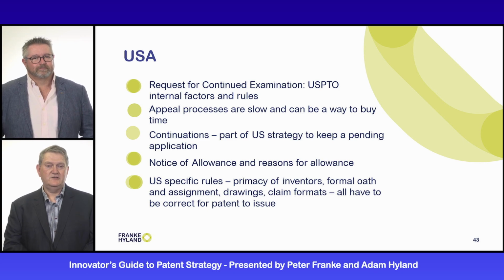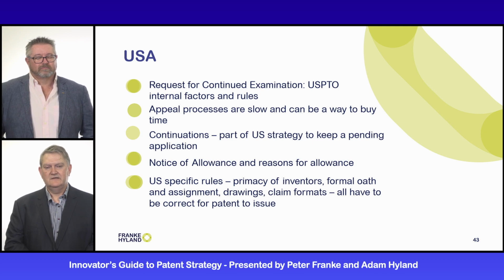And while that's happening, you could file a continuation, which I'll explain in a minute. So a continuation is just a way to file something that gets a new application number but keeps the same dates. It's kind of a child, if you like, of your application. And it's a pretty widespread part of US patent strategy. You will at times find a patent or a patent application that's the end result of 8 continuations.